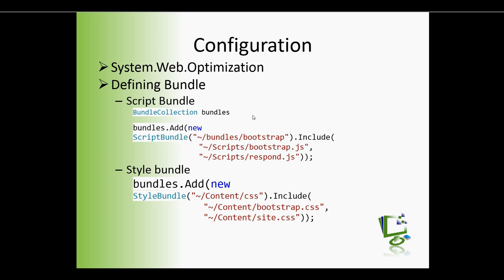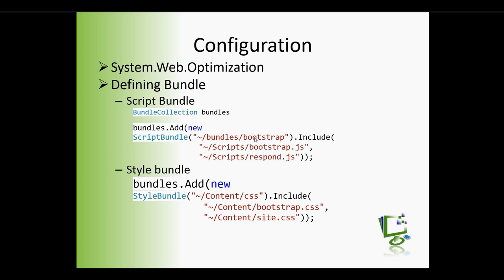By using this virtual path I can reach the bundle. Here in this bundle I have included two files, bootstrap.js and responder.js. As the result of bundling and minification, I will receive a single file that can be reached using the bundle/bootstrap virtual path.